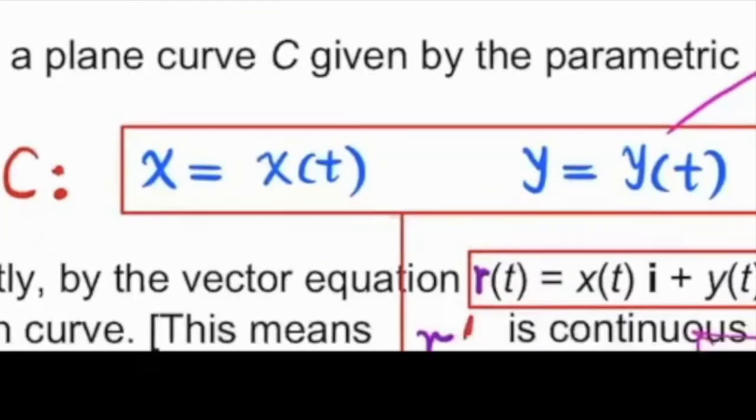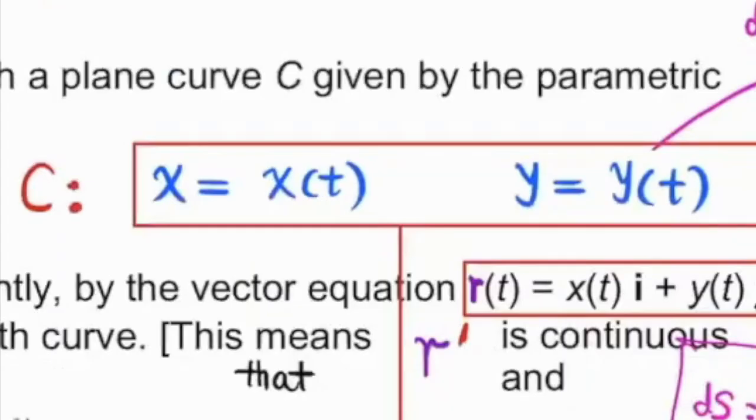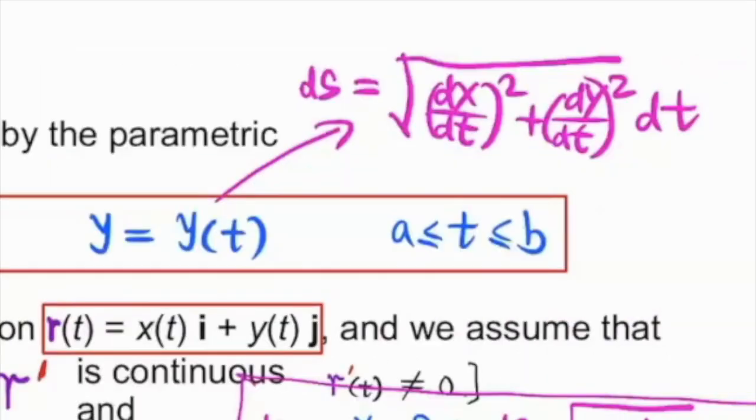If this is a parametric curve, where x and y are functions of t, the differential arc length will have the dt outside, and then dx dt squared plus dy dt squared under the square root.